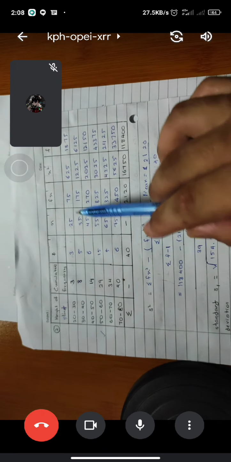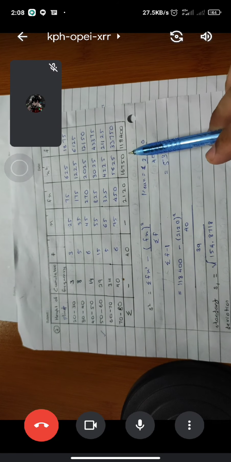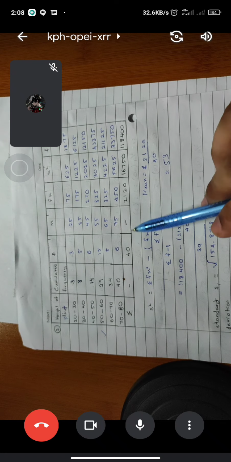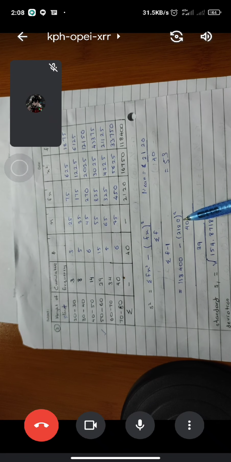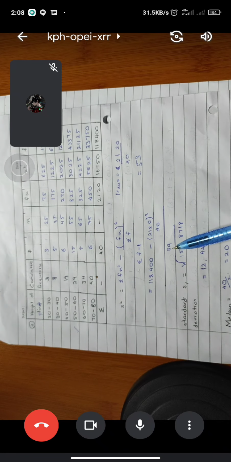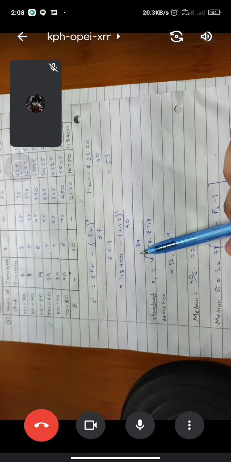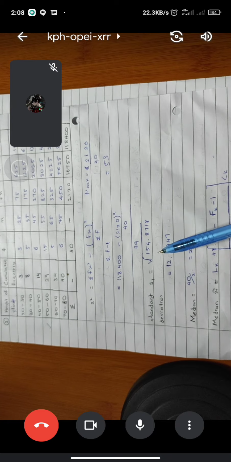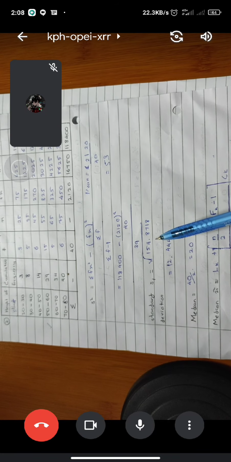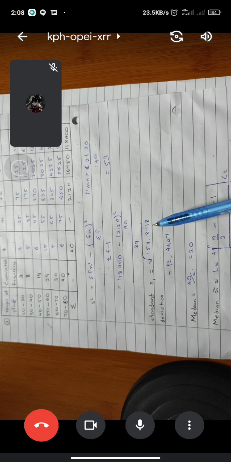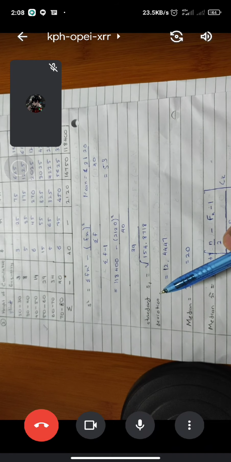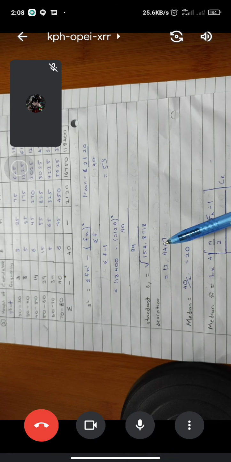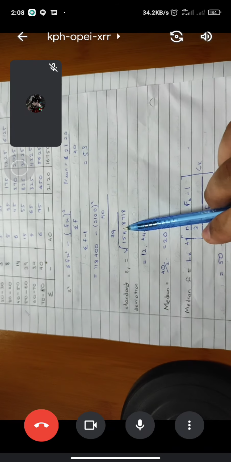So from this table, we can put the data here. We get 2120 square over 40, and over 39. We get the variance 154.8718. So to find the standard deviation, we must square root it, and we got 12.4447 is the standard deviation.